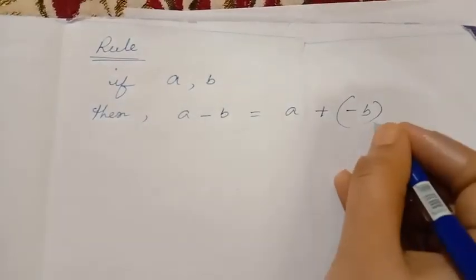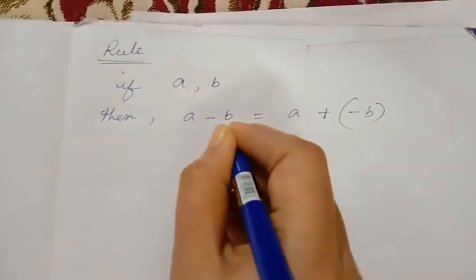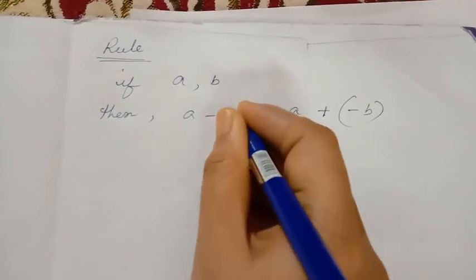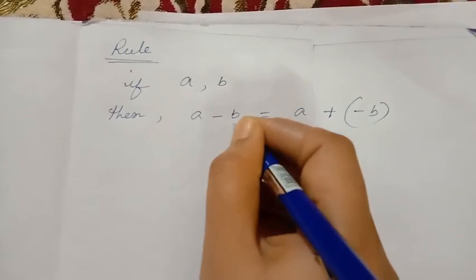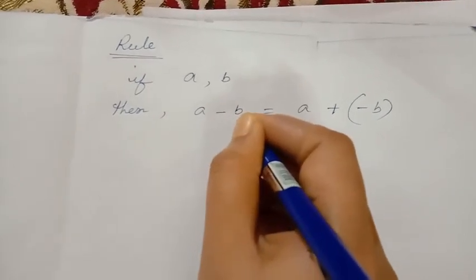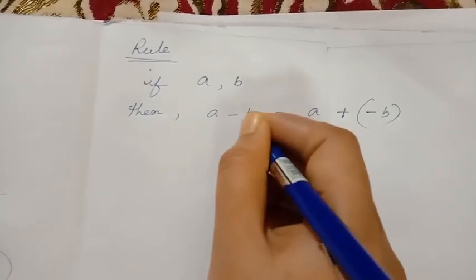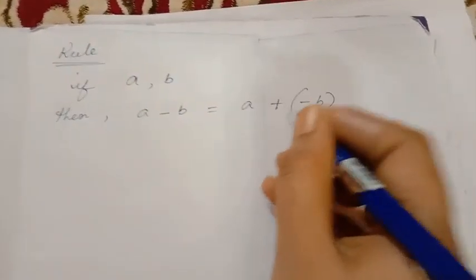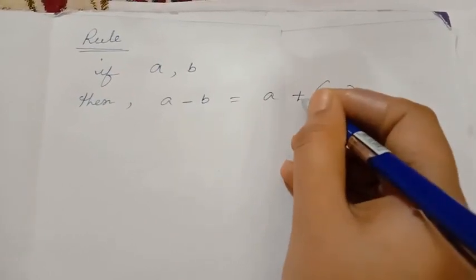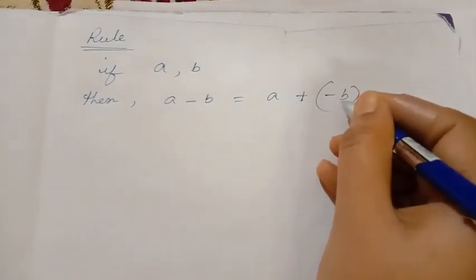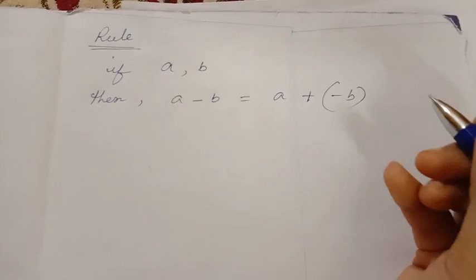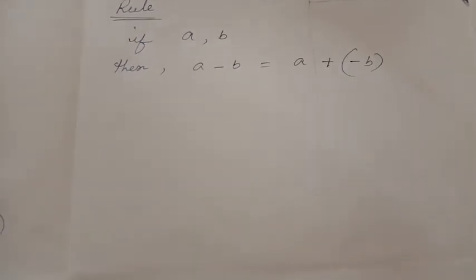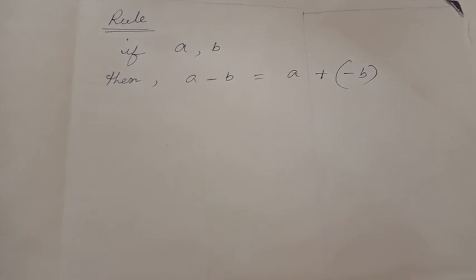So here you can see that the sign of the integer that is to be subtracted is positive, but here by putting a negative sign, we are changing the sign of that integer to the negative. That is the one rule of the subtraction.